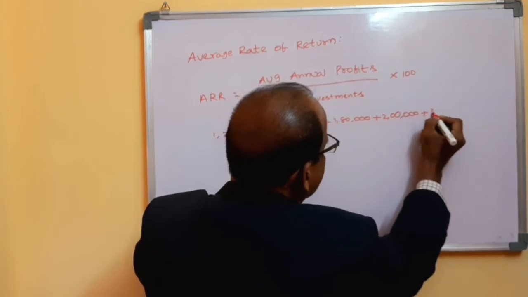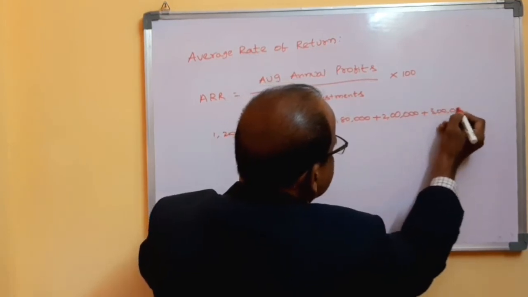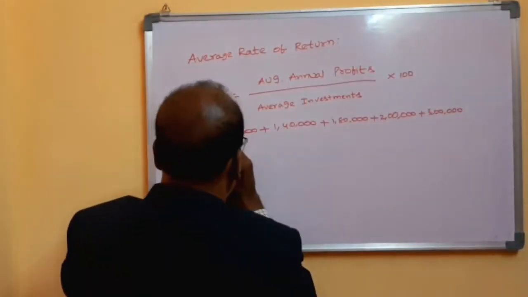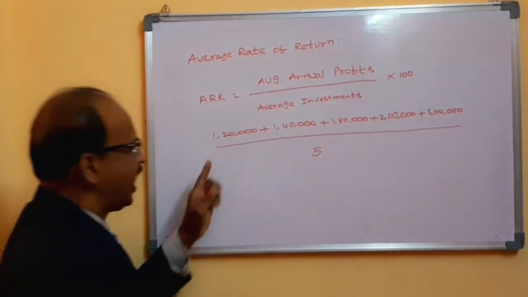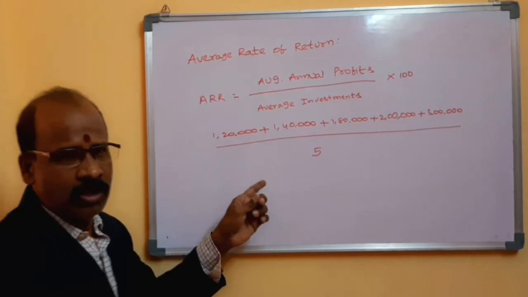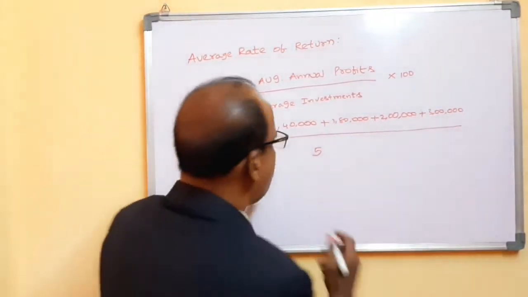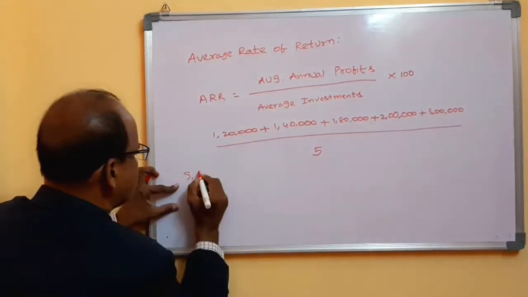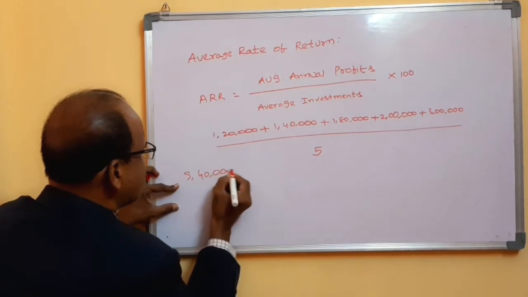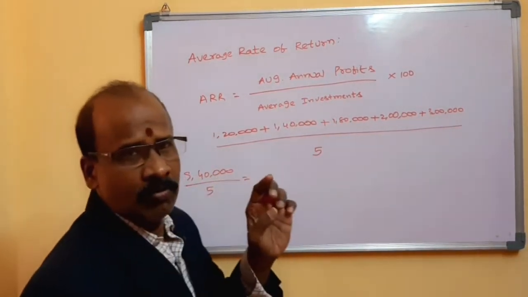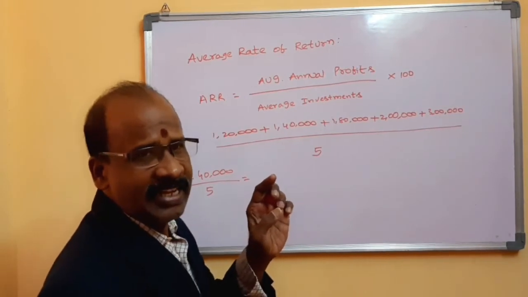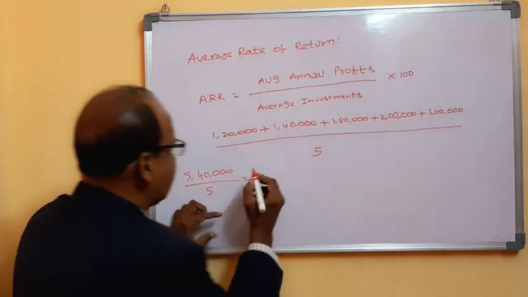And fifth year 3 lakhs, by 5 years. Add one by one and divide by 5. If you add all cash flows, you get 9,40,000. 9,40,000 by 5 comes to 1,88,000.